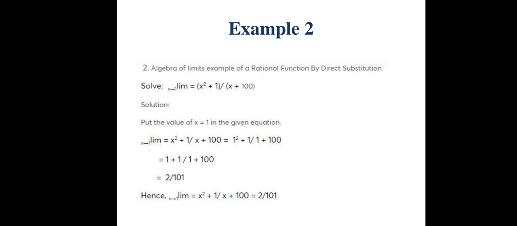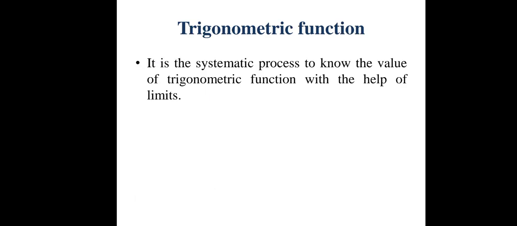In this question we have 1. After substituting, we get 1 plus 1 divided by 1 plus 100. 1 plus 1 is 2, and 1 plus 100 is 101. So the answer will be 2 divided by 101.